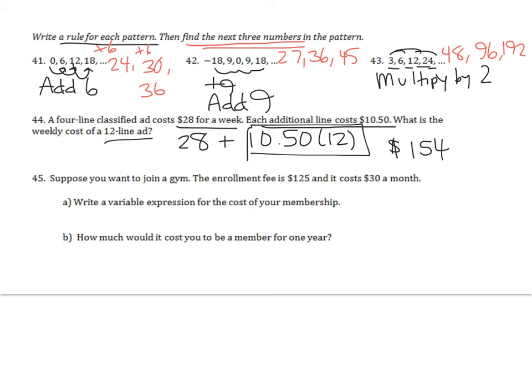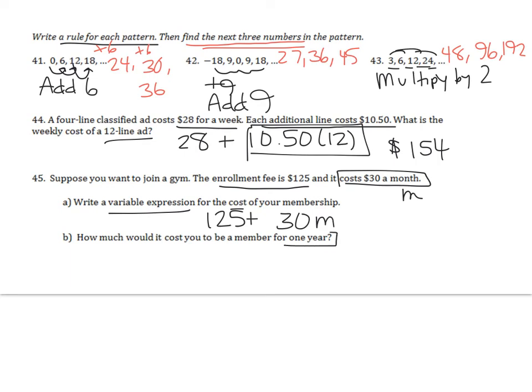Number 45, write a variable expression, so it has a variable in it, for the cost of your membership. The fee is $125 plus $30 a month. Let M be months, so it's plus 30M. How much would it cost to be a member for a year?